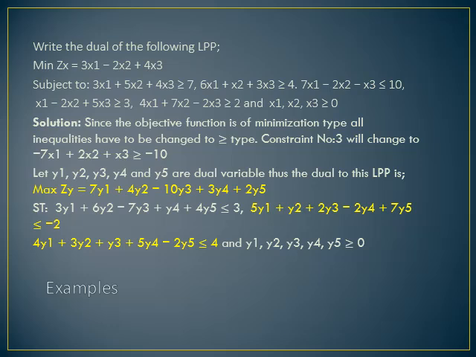Max Z = 7y1. 7 is the constant, remember, return back. 7 is the constant of the first constraint of the primal, on the right hand side of the first constraint of the primal.